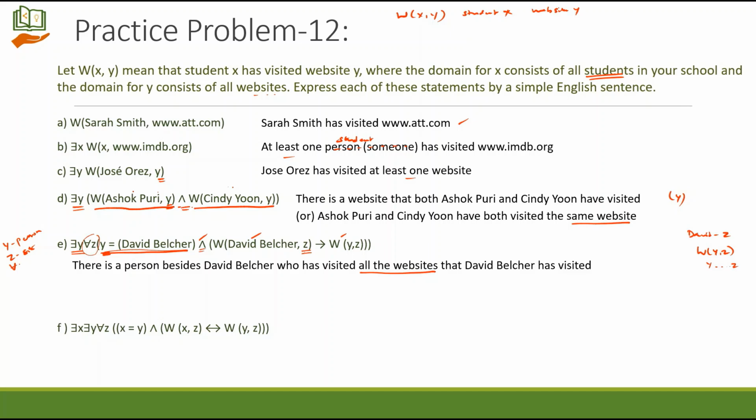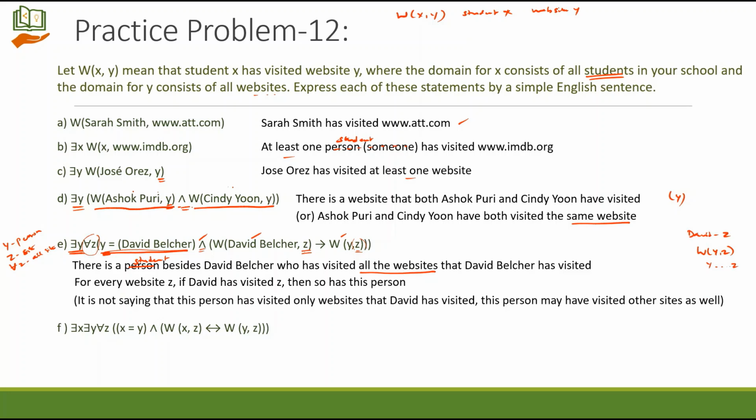Then for all Z will be all websites. If David Belcher is going to visit a particular site, then there is also another person who is visiting the same sites. We can take it like there is a student besides David Belcher who has visited all the websites that David has visited. For every website Z, if David has visited Z, then so has this person.